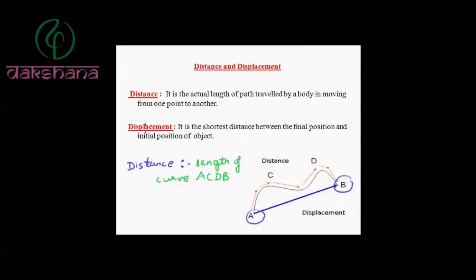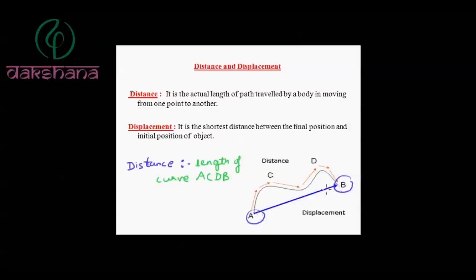Now displacement is defined as the shortest distance between the final position and initial position of the object. In our case, the final position is B and the initial position is A. So what can be the shortest possible path between point A and B?